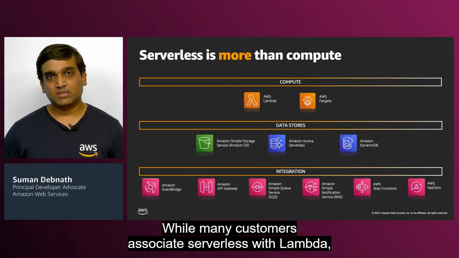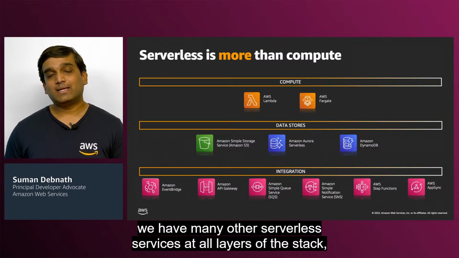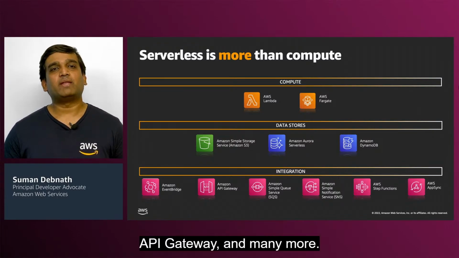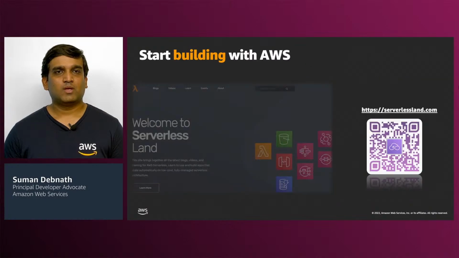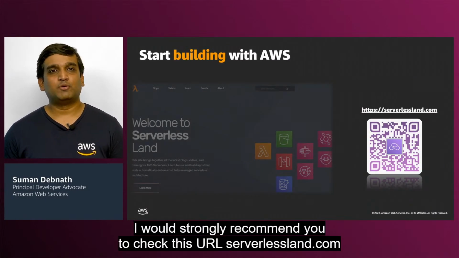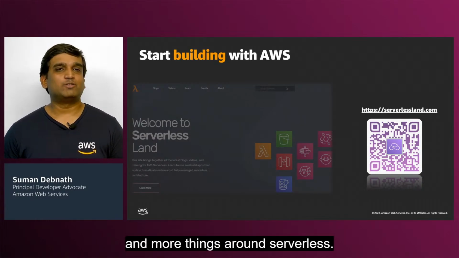While many customers associate serverless with Lambda, we have many other serverless services at all layers of the stack, like Amazon Aurora Serverless, DynamoDB, Amazon SQS, API Gateway, and many more. To take your learning journey further, I would strongly recommend you check this URL, serverlessland.com, to get regular updates, learning resources, and more things around serverless.